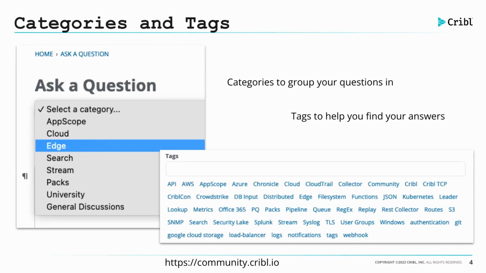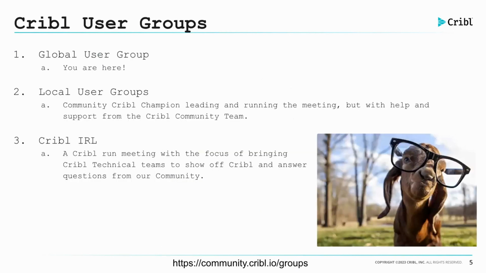So that's in the tag section, that is the most popular tag so far. See webhook in there is one thing that Ralph was talking about. So we can definitely make sure everybody gets the answers that they're looking for. And I spoke about user groups. You're currently in the global user group. Awesome. Thank you. But we are starting to roll out some local user groups.